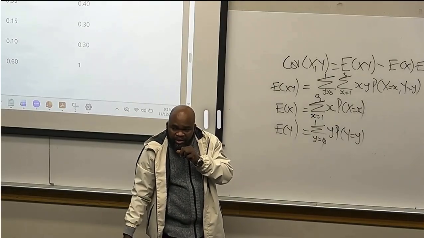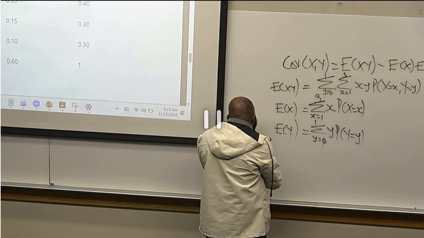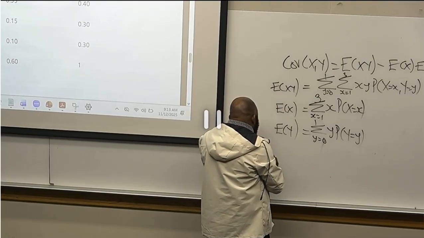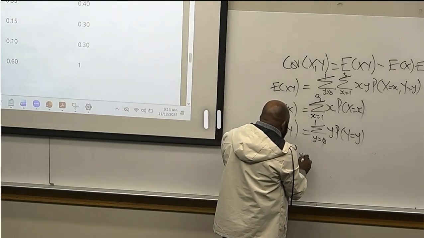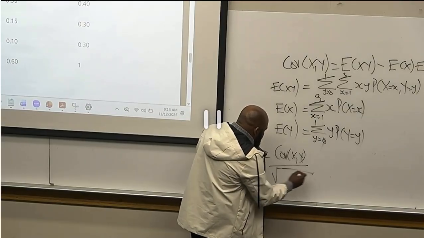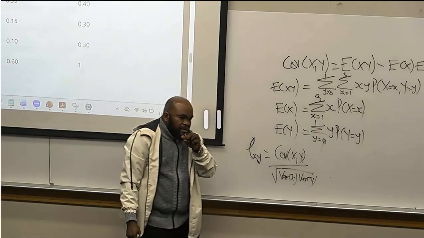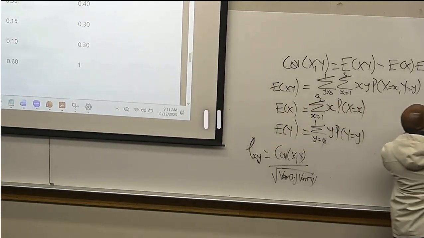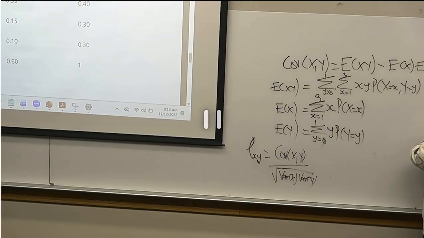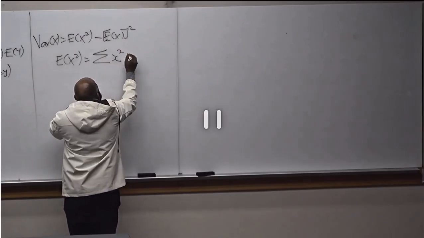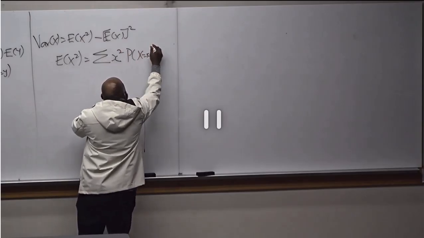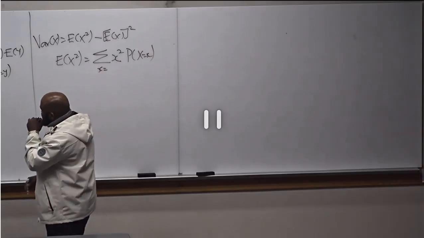If the question asks about correlation, it is the ratio of the covariance to the square root of the variance of X times the variance of Y. Don't forget the variance of X. The variance of X is the expectation of X squared minus the expectation of X, all squared. The expectation of X squared is this, where X starts from 1 to 3.